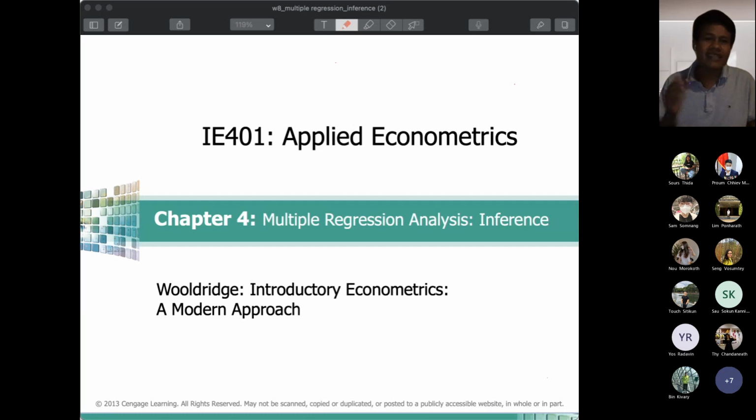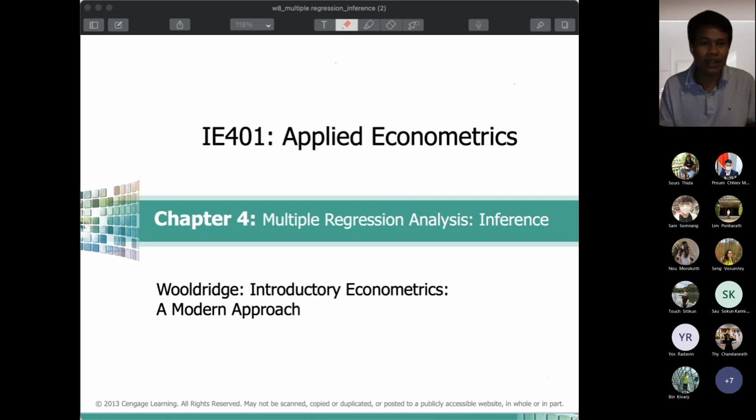Class, in addition to zero conditional mean, you also learned another term, which is endogeneity. It's the same as zero conditional mean violation. It happens when your variable of interest is endogenous, or when your variable of interest is correlated with the error term, that is, with other factors that are not included in your model.